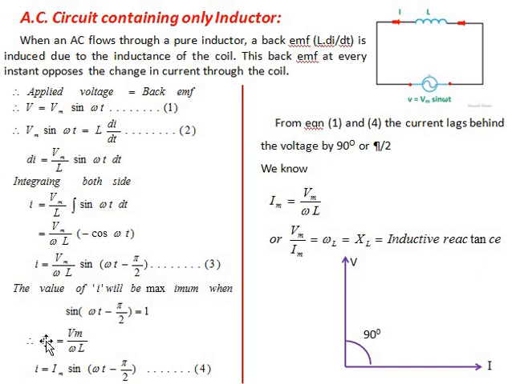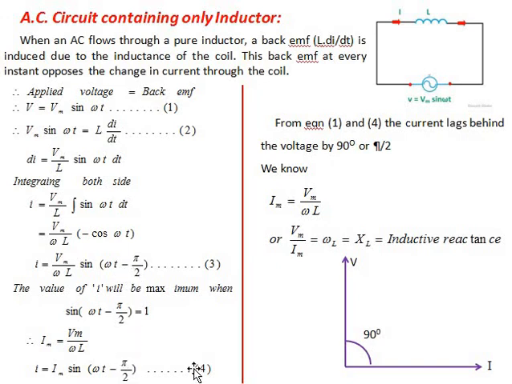Therefore Im is equal to Vm divided by omega L. Now substitute this in equation 3, so it becomes I is equal to Im sine of omega t minus pi by 2.